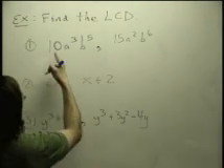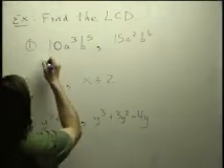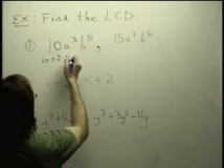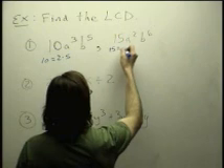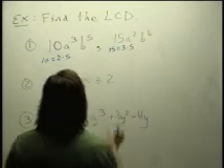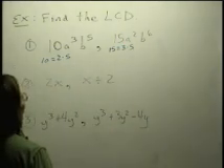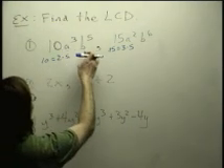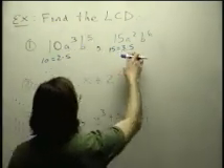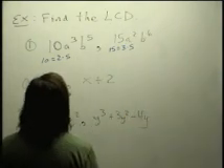So 10 factors as 2 times 5. 15 factors as 3 times 5. So I've got 2 times 5 times a to the third times b to the fifth, and 3 times 5 times a squared times b to the sixth.